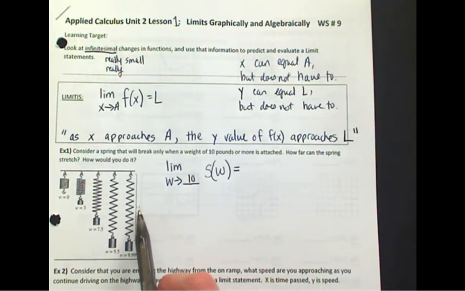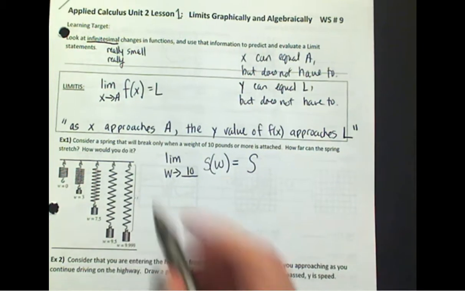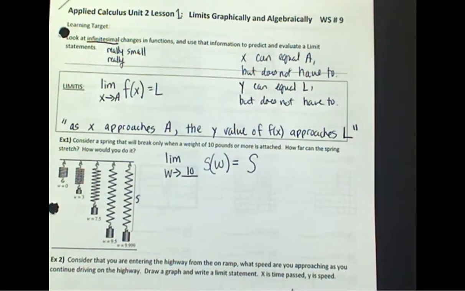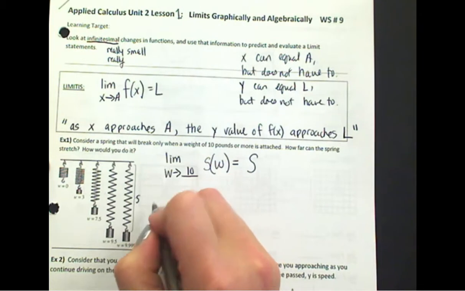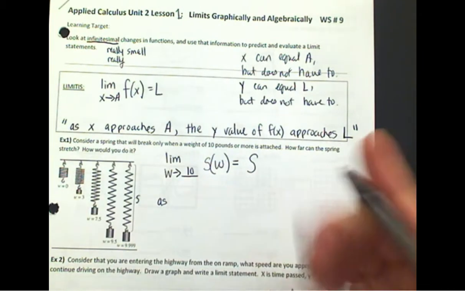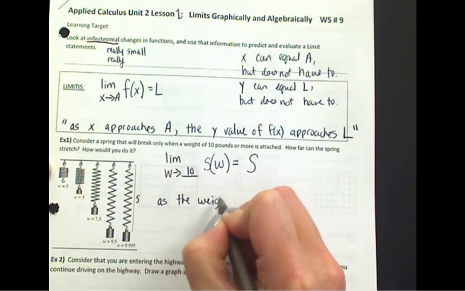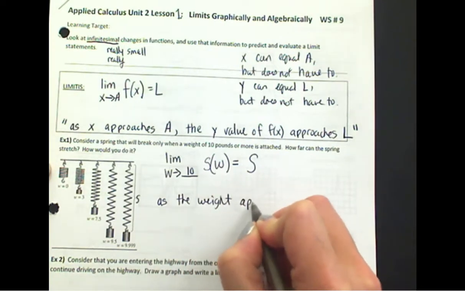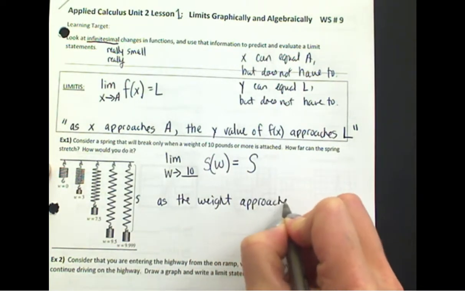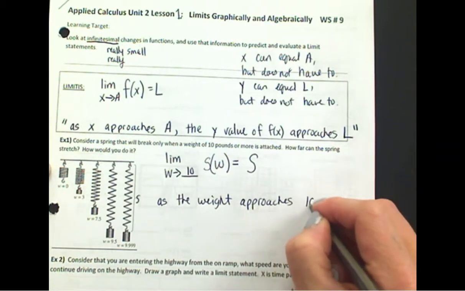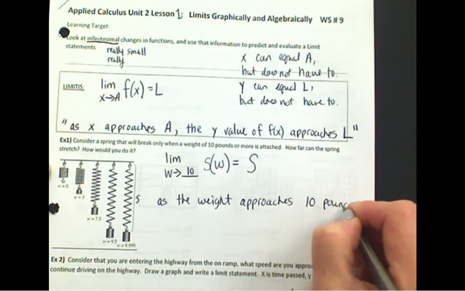Equals S. They labeled it right here. Whatever that length of the spring is. Okay, so write the sentence that describes that limit statement using the real words as the weight approaches 10 pounds.